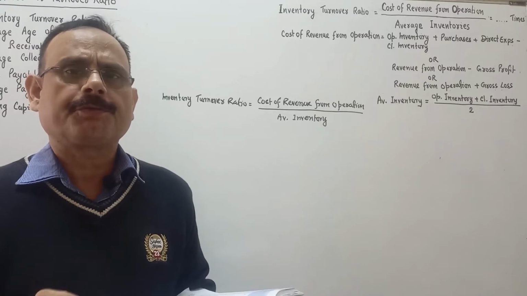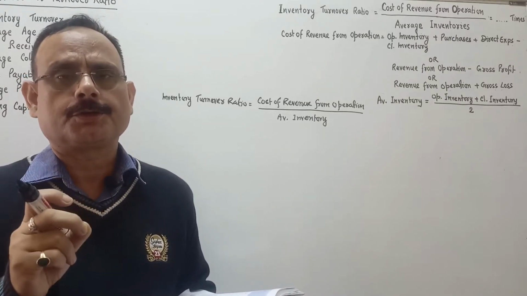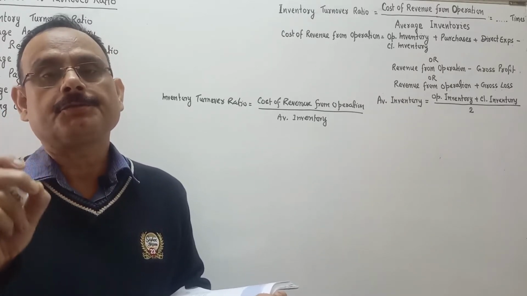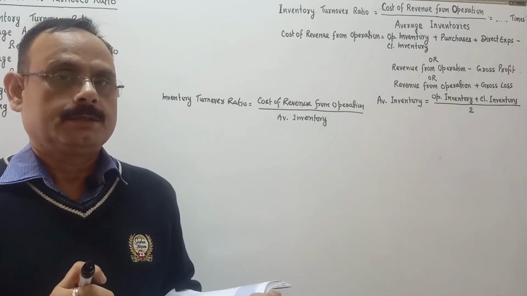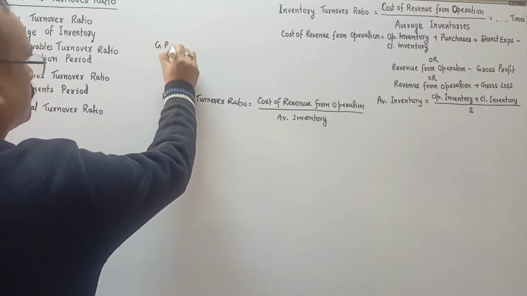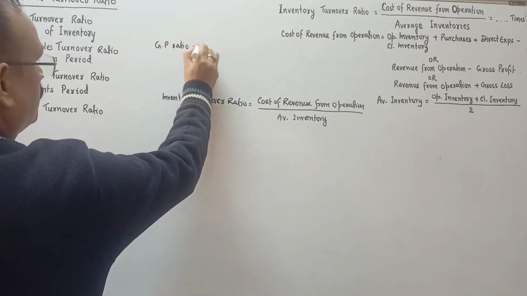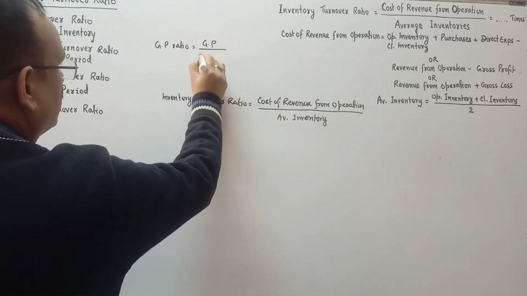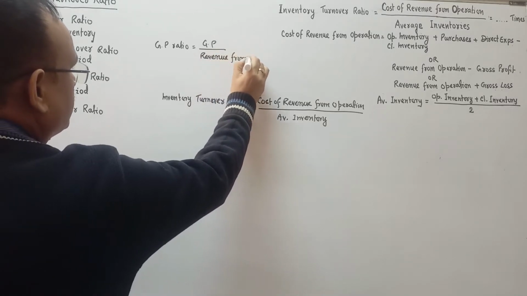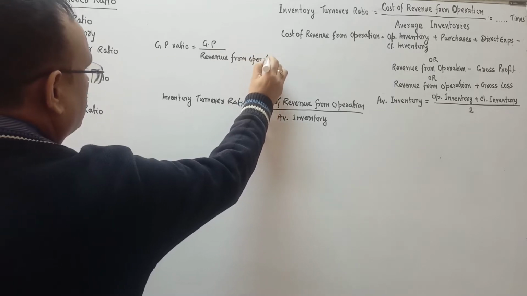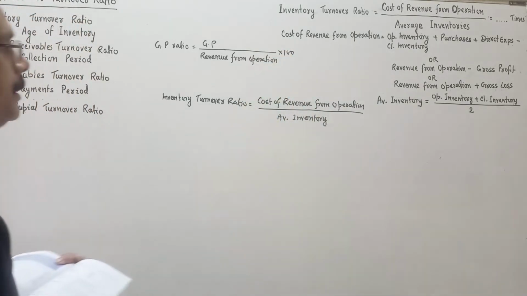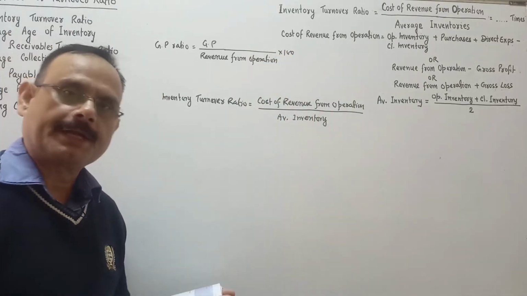You know the formula of gross profit ratio. Gross profit ratio is equal to gross profit upon sales, sales means revenue from operation, into 100. So here the gross profit ratio in this question is 25%.